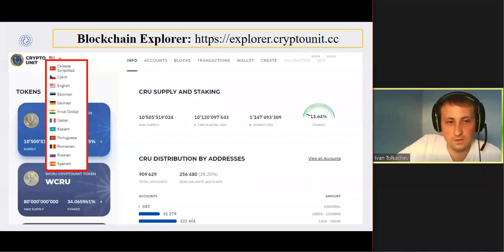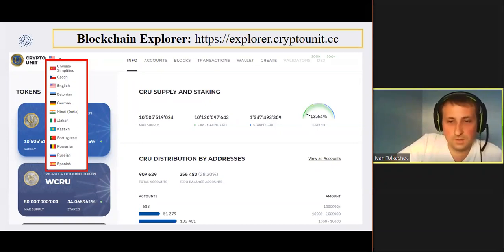As soon as you get to this window, you see the drop-down menu. On the left, this is language selection. At present, the interface has been translated into 12 languages, and hopefully each of you will find the language you speak, and you can share this information with your friends, those people you know.